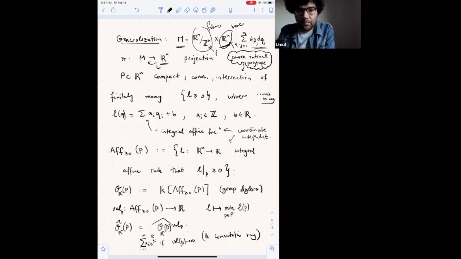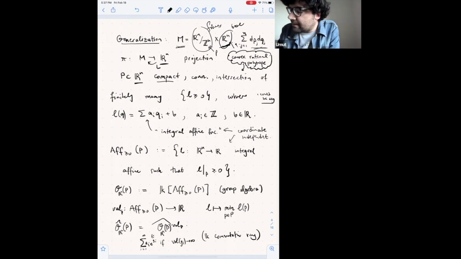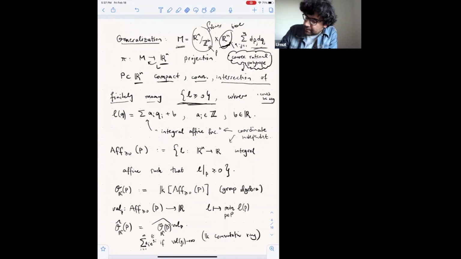So now inside this base Rn, I consider what I will call a convex rational polytope. So this is a subset that's compact, connected, and it's given by the intersection of finitely many half spaces like this. And these half spaces are defined by functions being non-negative in these regions, where the functions are integral affine functions.